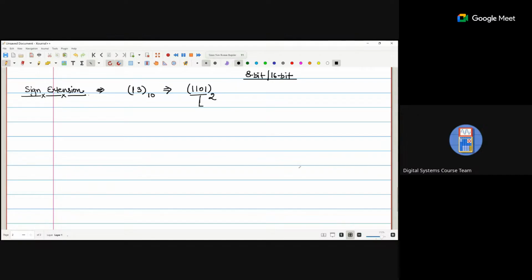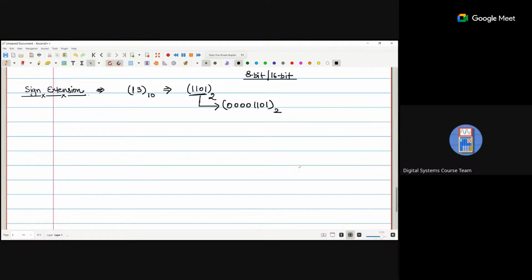So what should you do? You have to change this 4-bit data into 8-bit data. That is called extension, the bit extension. So you represent this 4-bit data as 8-bit data: 00001101.